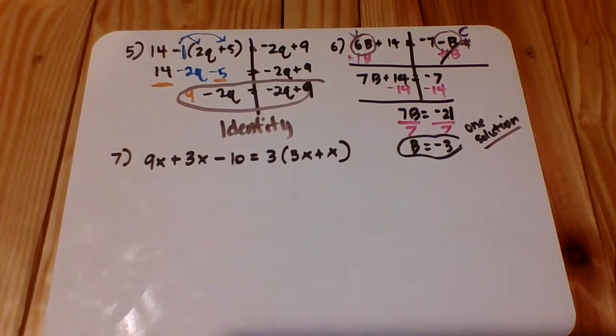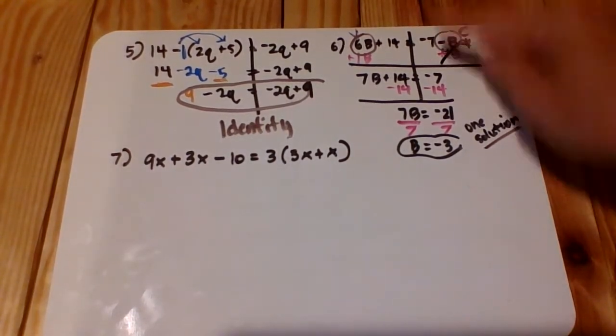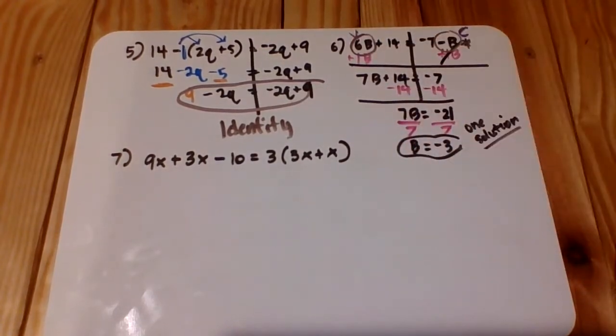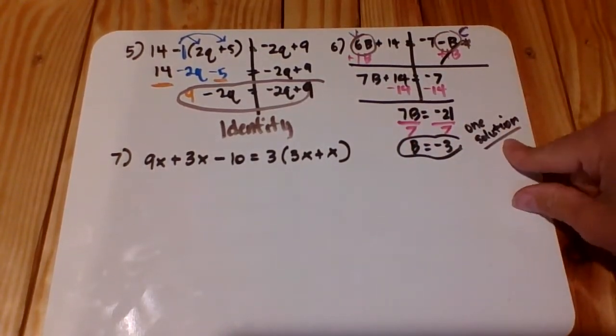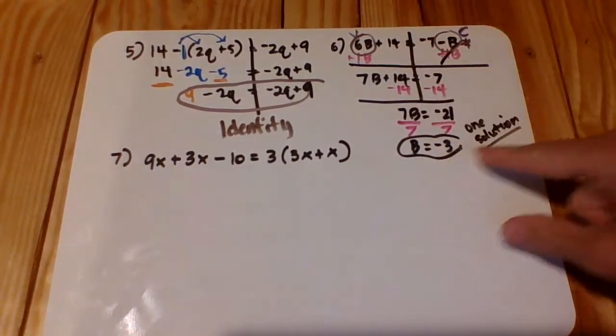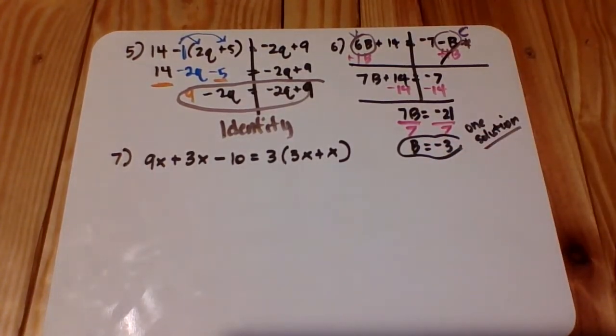So that's just another little check process that you can rely on to help you out. If your variables are not the same, then you know I need to keep going. I need to solve it all the way through and get one solution.